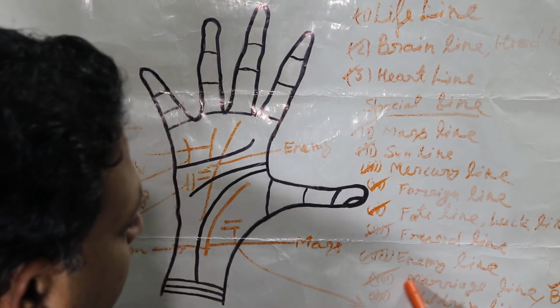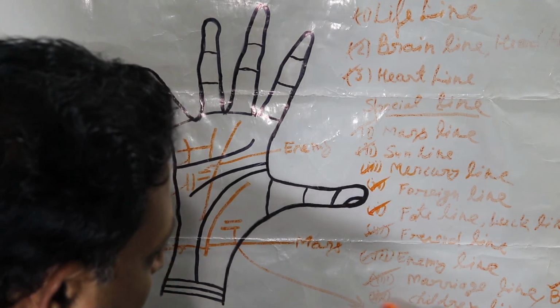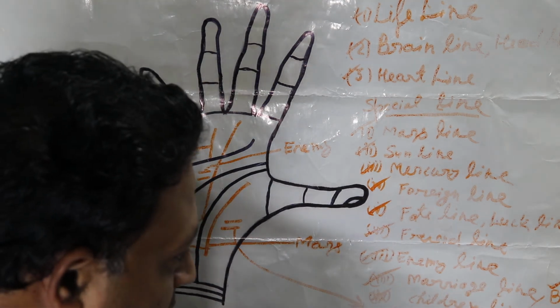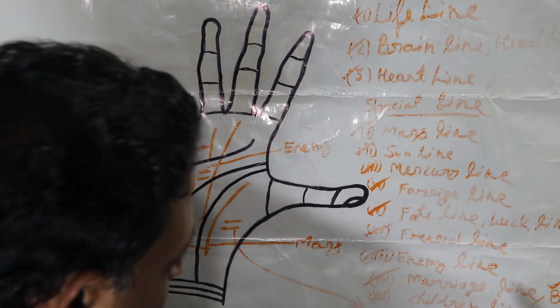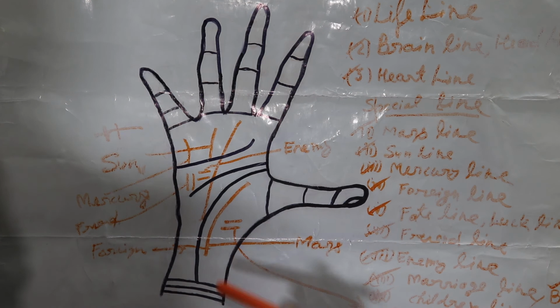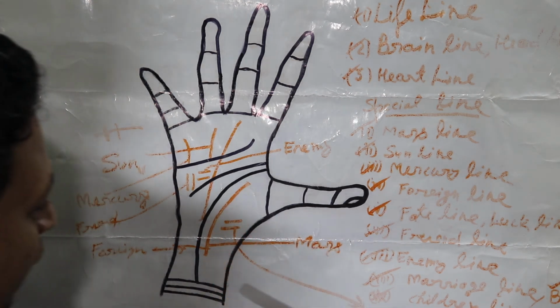So we can predict with marriage lines. And about children, in the marriage line there are small and thin lines, those are children lines.